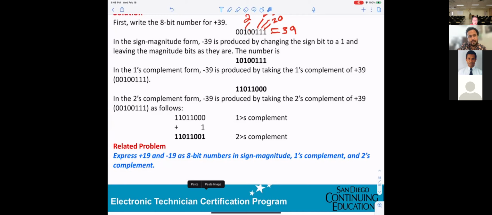How does the computer know? Okay, now I'm telling you, when you type on your keyboard, you want minus 39, you have to type minus 39, right? So inside, when they say minus 39, they have to give it the second complement. That's how they know.